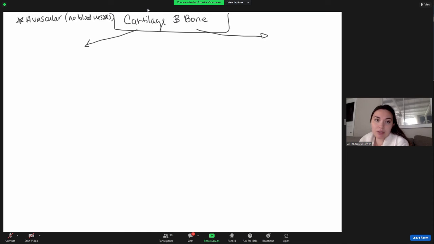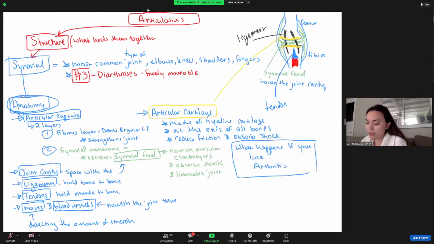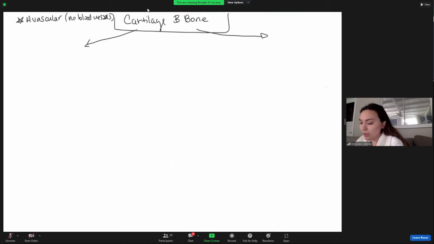I, for some reason, started getting confused and thought that that meant there were no blood vessels in the joint. But just to show you guys one more time, right? Our joint does have blood vessels. It's just that there's no blood vessels in the actual cartilage. Does that make sense? So no blood vessels in the cartilage, but the joint would have blood vessels. So make sure you realize that's what we mean by avascular. We're just talking about the cartilage.